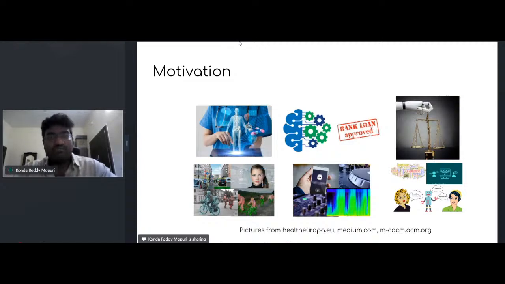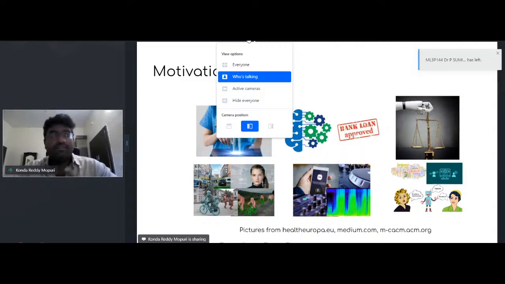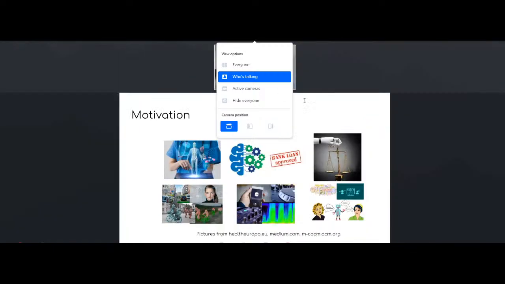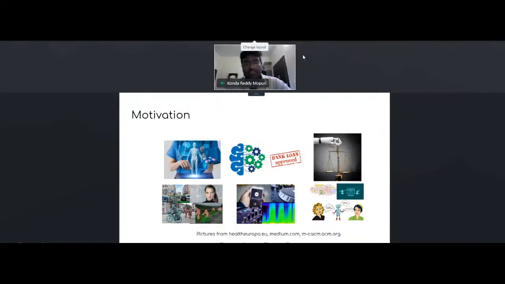All that information will be fed into an AI, and it will analyze the data given and decide whether to give the loan or not to give the loan, right? This is happening. This is not a story anymore. This is all happening in the real world.